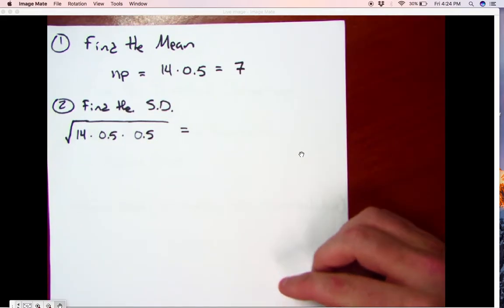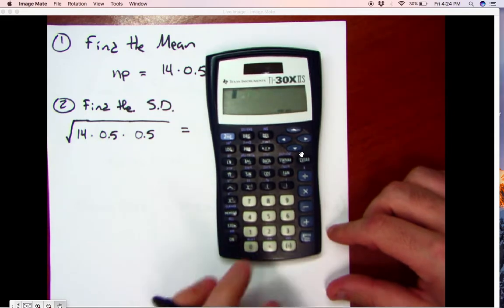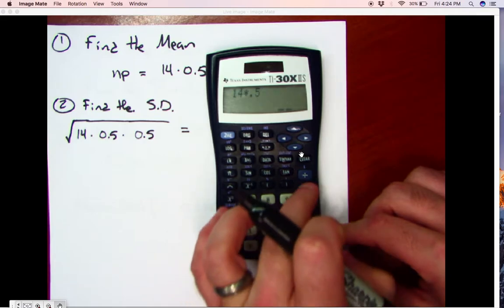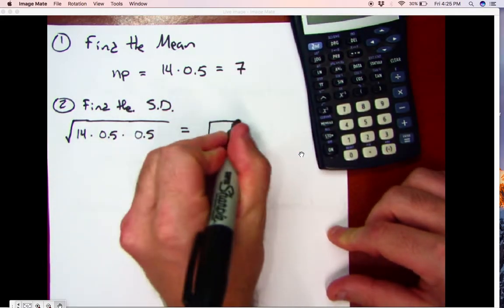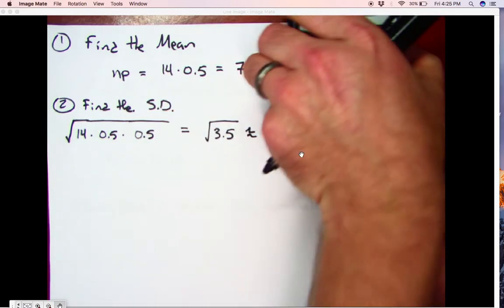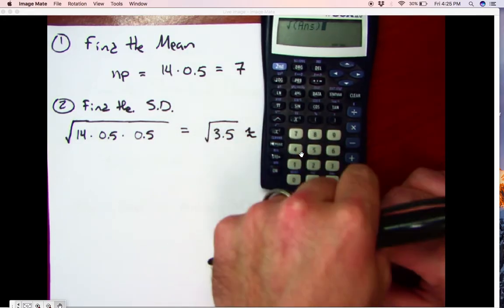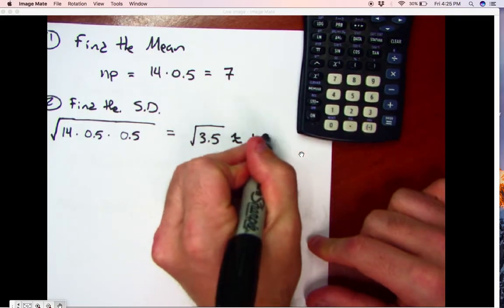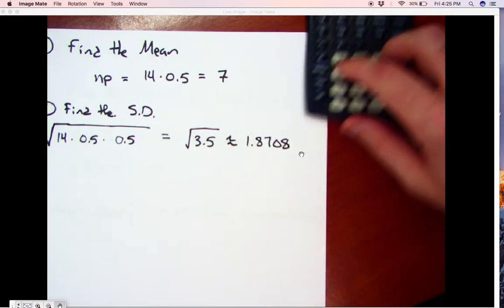So when we calculate 14 times 0.5 times 0.5, we get the square root of 3.5, which gives us approximately 1.87. So let's use 1.8708 for the standard deviation.